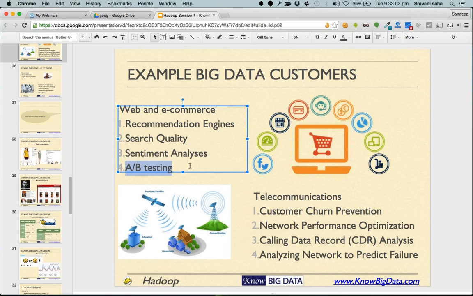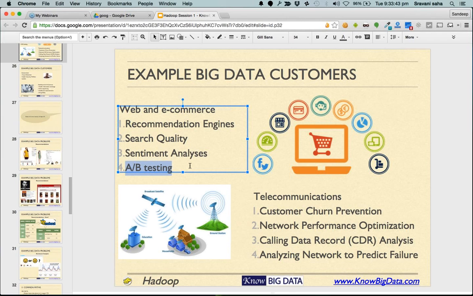So A/B testing is like drug testing. You have a lot of users. For some users you give just water, but you don't tell them whether they are given water or the drug. For some percentage of users you give the drug. Then you compare who got treated and who did not, and that is how you generally test a new medicine. In the same way, these e-commerce companies and search engines, or probably most of the B2C companies, build their A/B testing.